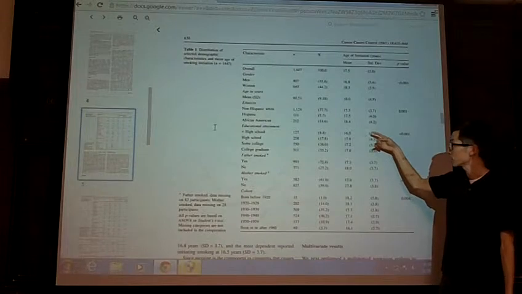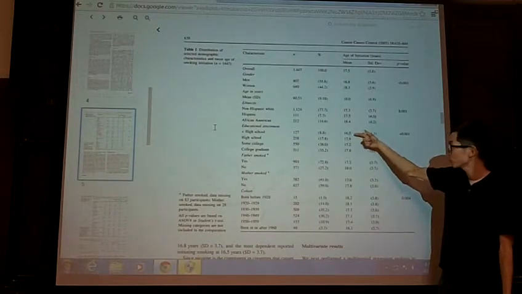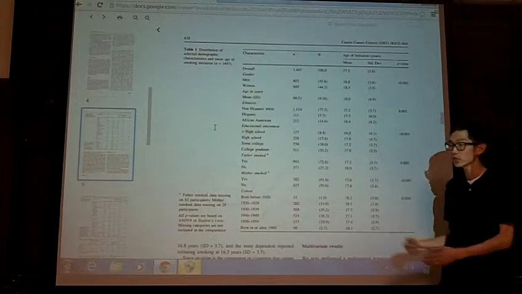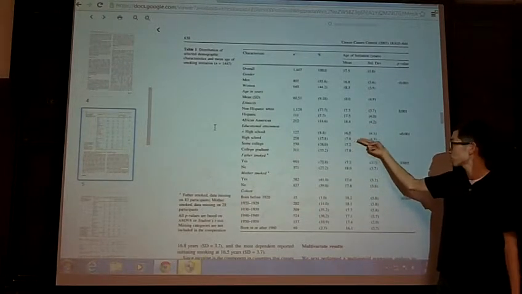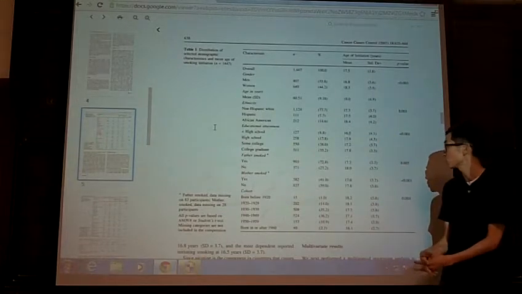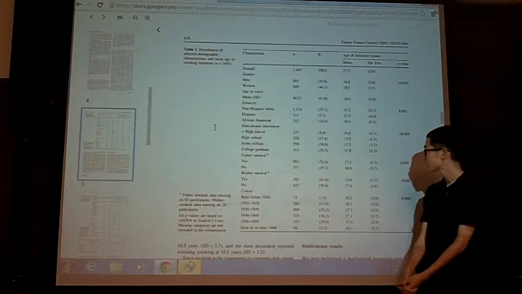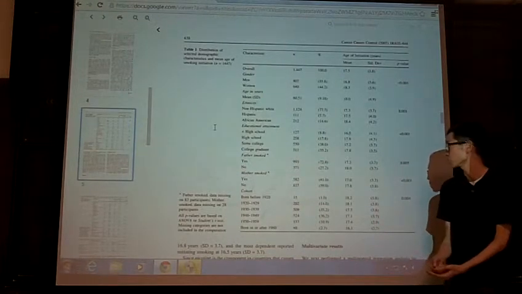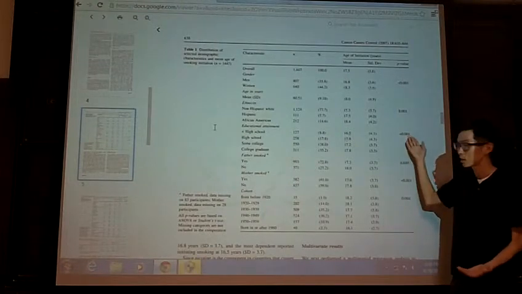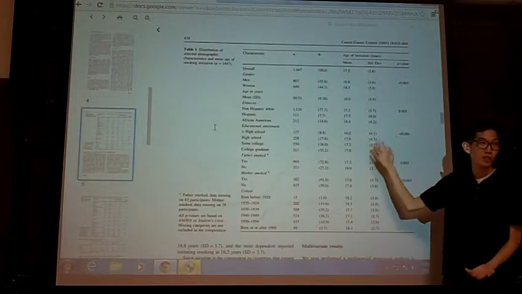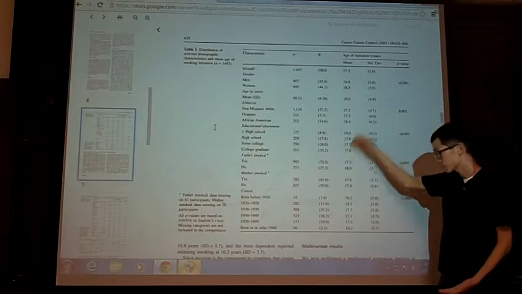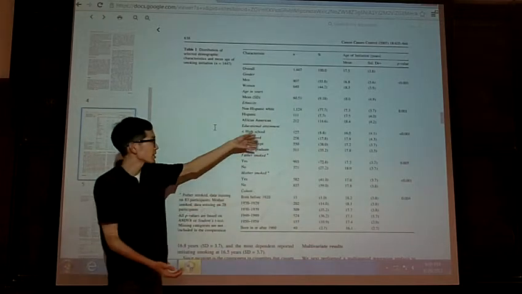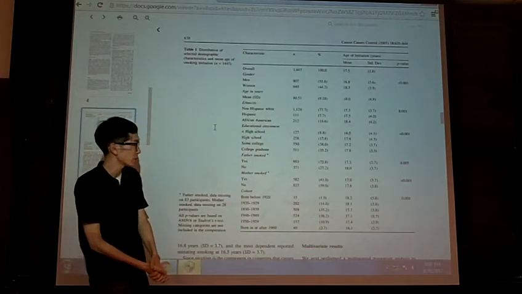People who didn't finish high school started smoking at 16.5 on average, whereas those who finished high school started smoking at 17.9, those who had some college started at 17.2, and those who finished college started smoking at 17.8. And it turns out that the p-value there is also very significant, giving indication that there is a relationship between these categories and the age at which someone started smoking.